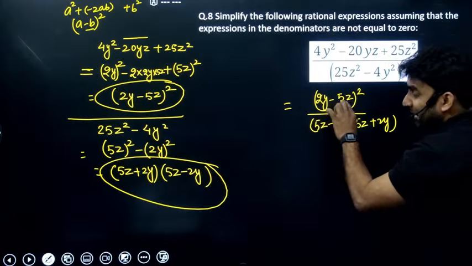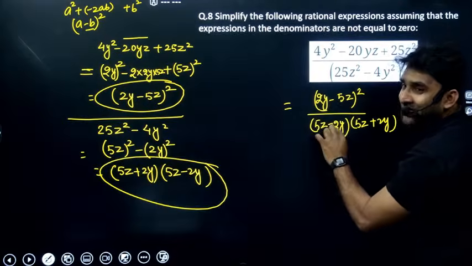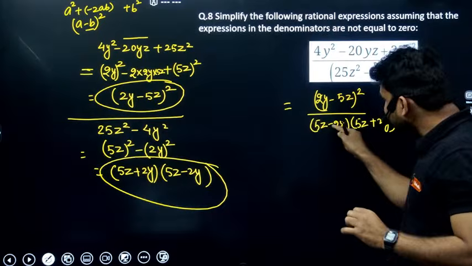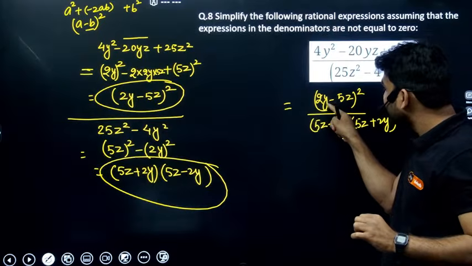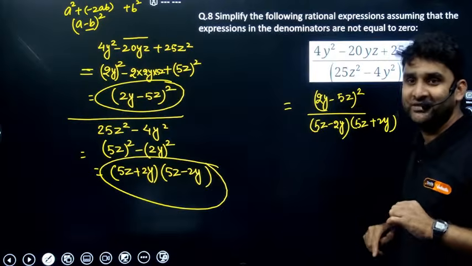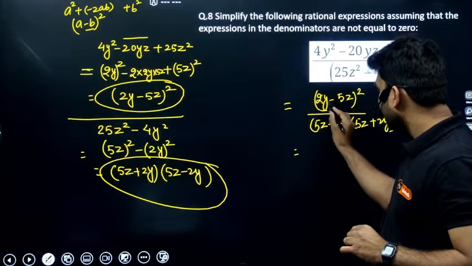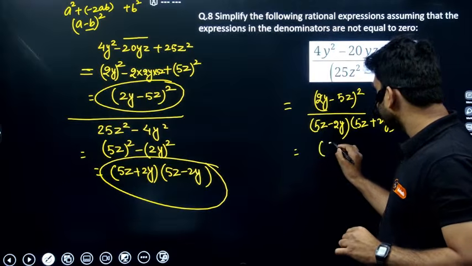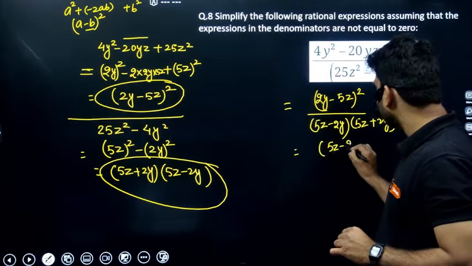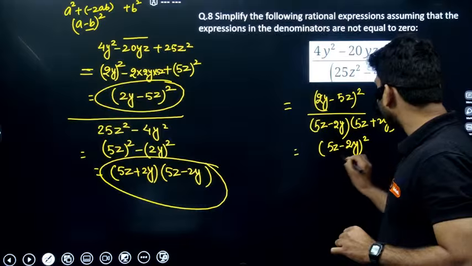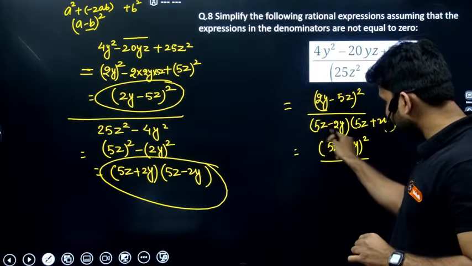Guys, listen. This is 2y minus z, and this is 5z minus 2y. This is 5z minus 2y, and this is 2y minus 5z. So do one thing: let's take minus common from this. My dear champion, if we take minus common, it can be written as (5z minus 2y) square, and here we have to change this also.